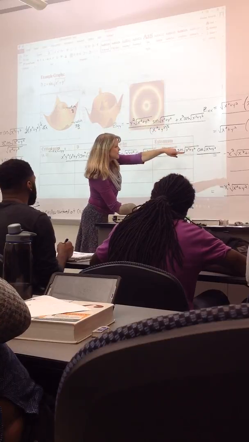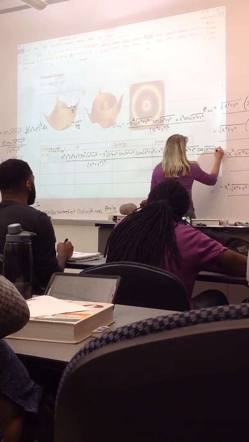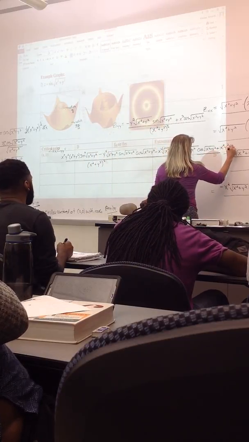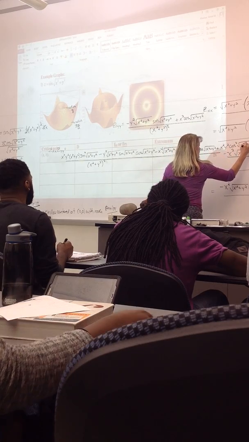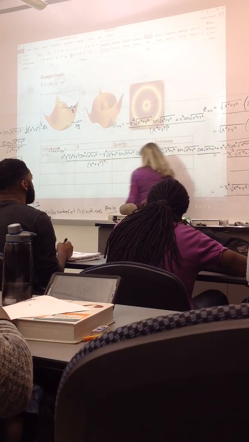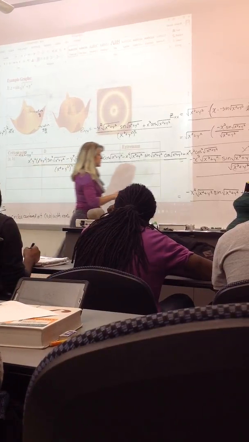And then the two outers give me x squared times y squared times cosine squared.